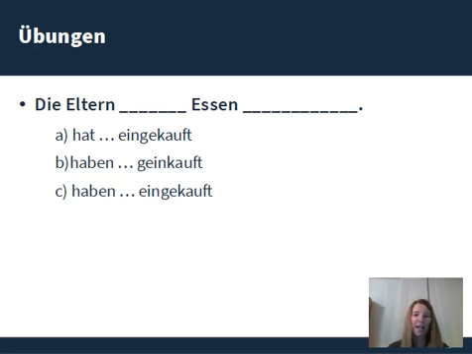Oder C. haben Essen eingekauft. Was ist richtig? Und es ist Nummer C. Die Eltern haben Essen eingekauft. So, I just explained, GE goes in the middle of the verb and Eltern is plural. It's at least 2 people. Also haben eingekauft.